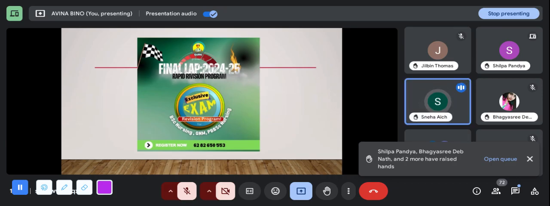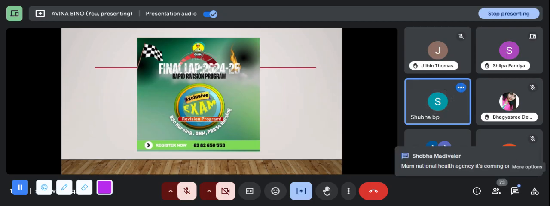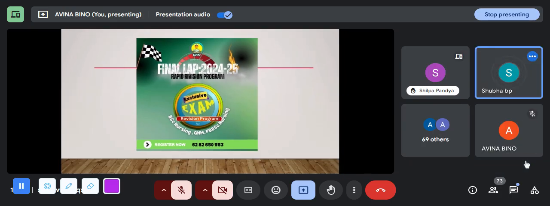Ma'am, can you please explain about the permanent method of family planning? Okay, so in permanent family planning methods, there are two types. One is vasectomy and another one is tubectomy. Vasectomy is defined as cutting of the vas deferens, and tubectomy is cutting of the fallopian tubes. It is the permanent sterilization method. So once the couple undergoes a permanent method of family planning, there is no chance of getting pregnant again.